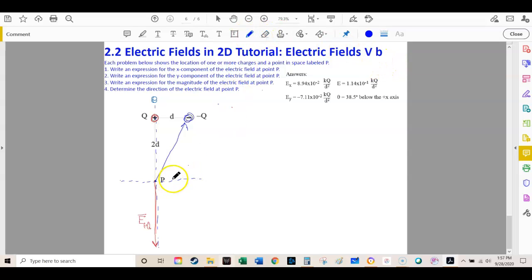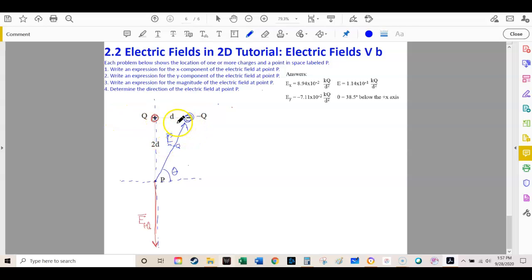I'm sure Mark is going to say something that this is the angle theta, but I think I want to choose this as my angle theta for this. So I'm going to put this E1, this E2, this negative Q right here. All right.